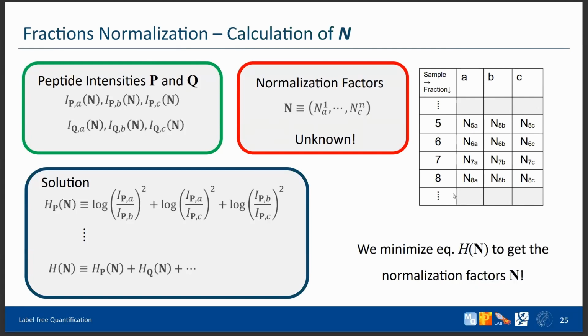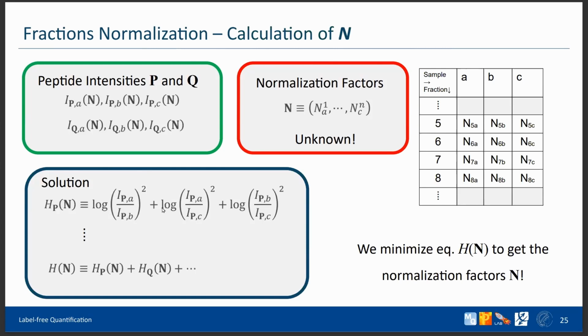So finally, how is it calculated? You take the intensity from peptide P and the ratio in fractions A and B. You then square that and logarithmize. And you repeat that for every single ratio from fractions where peptide P appears.